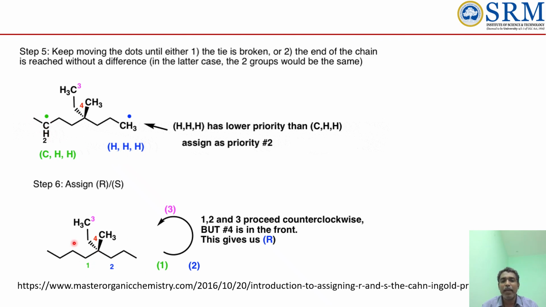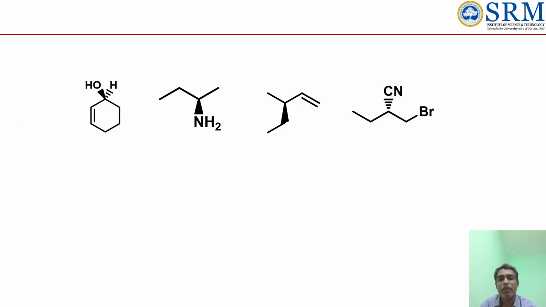So this will be the highest priority because you have more carbons. The propyl group will take the second priority, the ethyl will take the third priority, and methyl will take the fourth priority. Remember, the fourth substitution is towards the observer, so whatever R and S you assign, you are supposed to reverse the absolute configuration you have assigned.